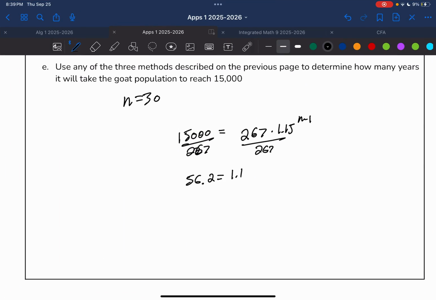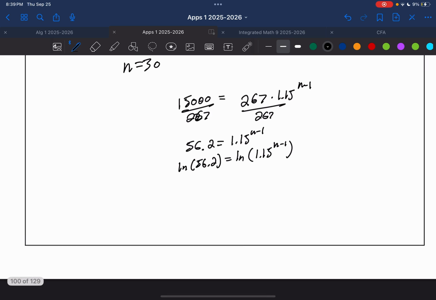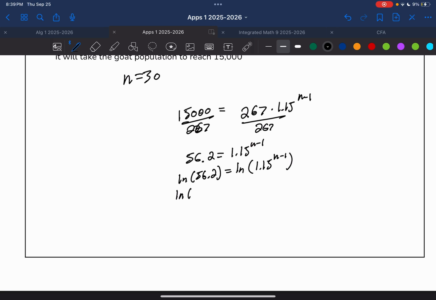And that's equal to 1.15 to the n minus 1. That means that the natural log of 56.2 is equal to the natural log of 1.15 to the n minus 1. Using our exponent properties, that means that the natural log of 56.2 is equal to n minus 1 times the natural log of 1.15.